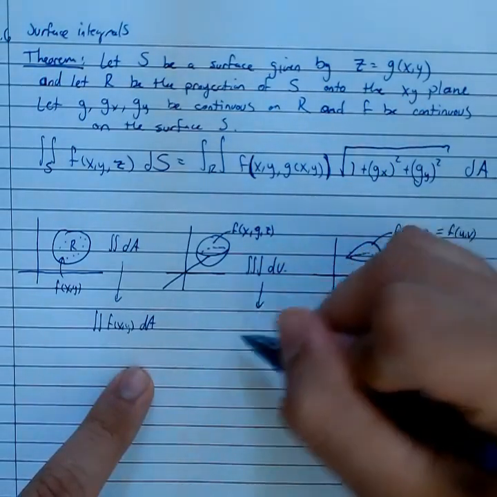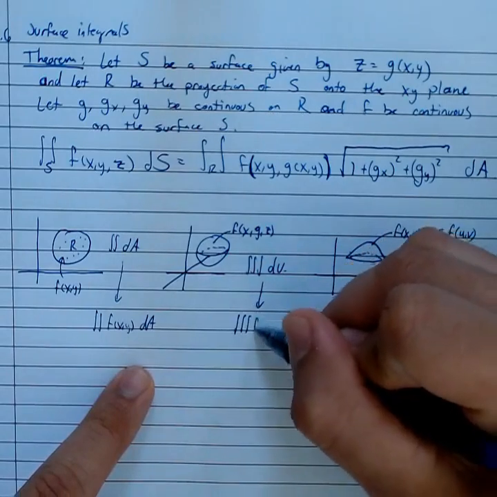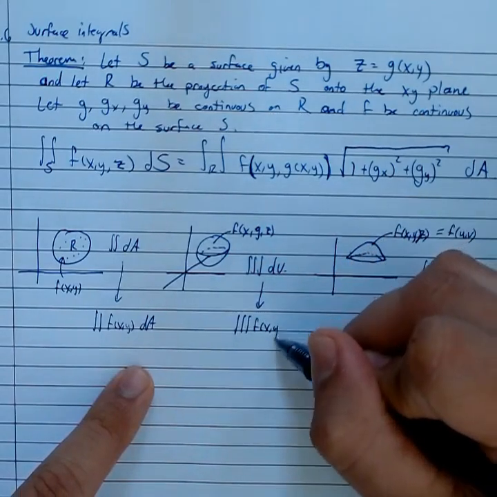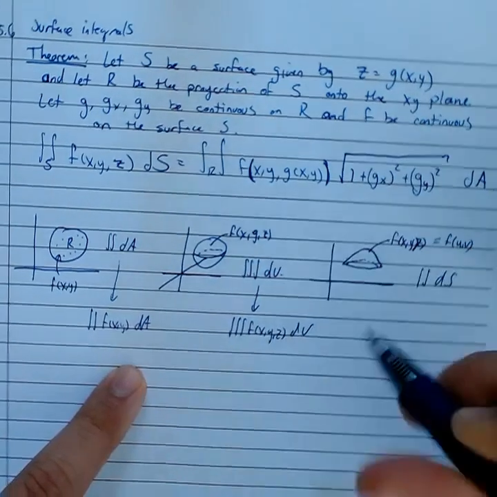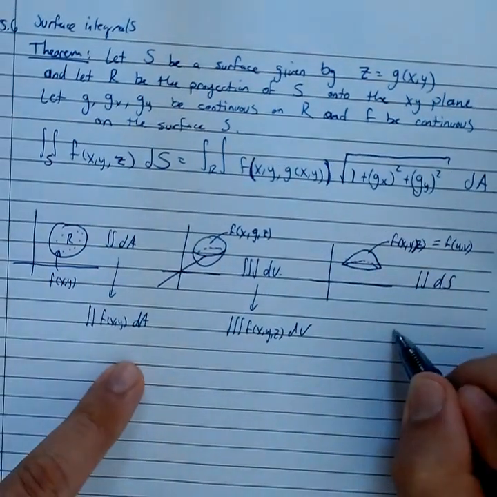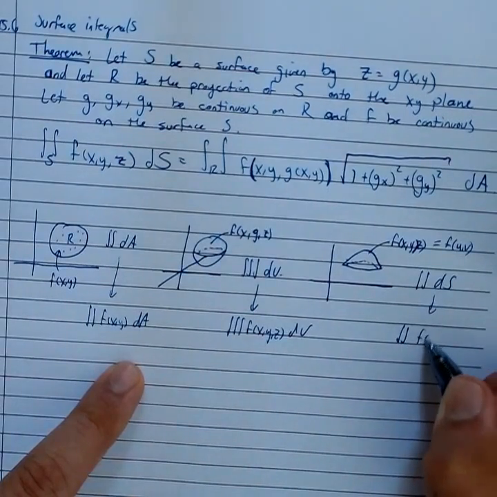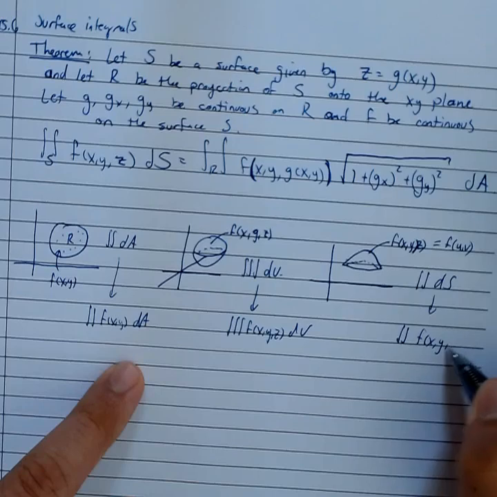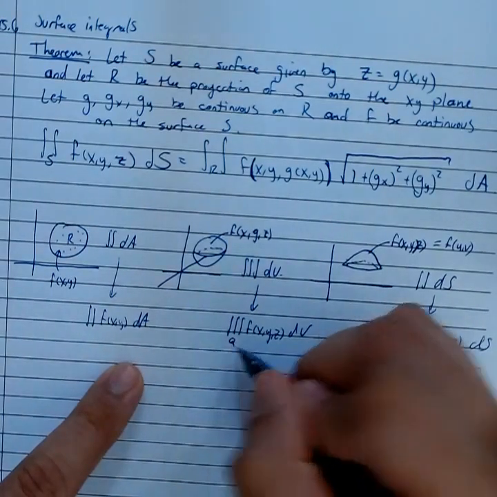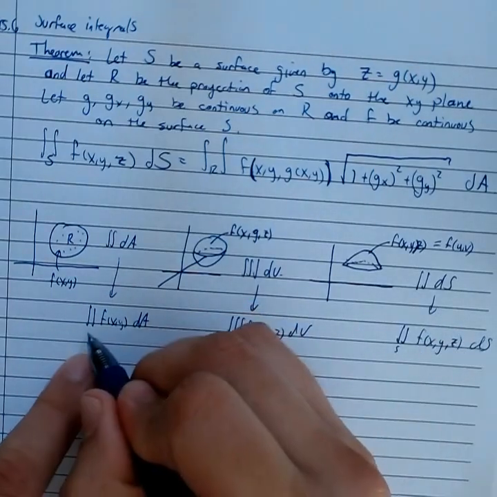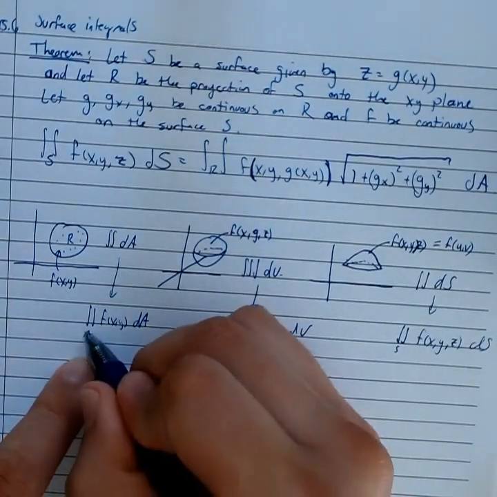Just like this can yield a triple integral of a function with respect to 3 variables. Likewise, this will yield a surface integral when we take an integral with respect to the surface area of a region, of a function rather. I guess it'll be R.